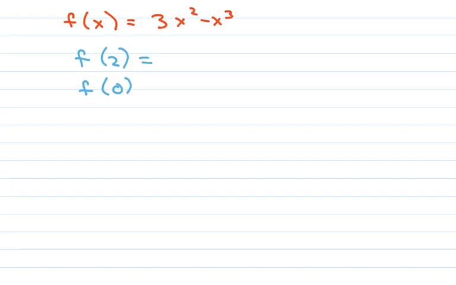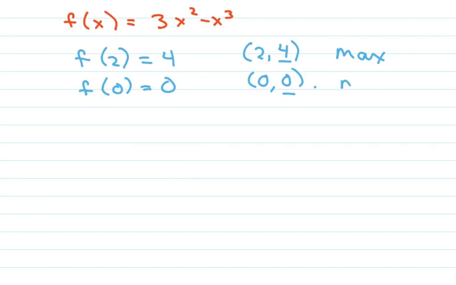When you plug in f of 2, you're going to get 4, and when you plug in 0, you're going to get 0. So that's 2 comma 4 and 0 comma 0. This is bigger than that number on the y, so this is your relative maximum, and this one's your relative minimum. And that's all.